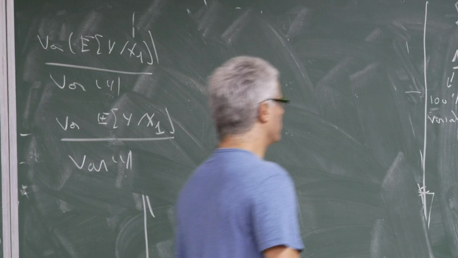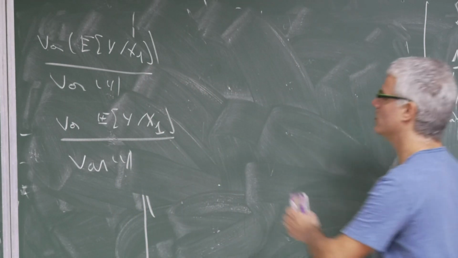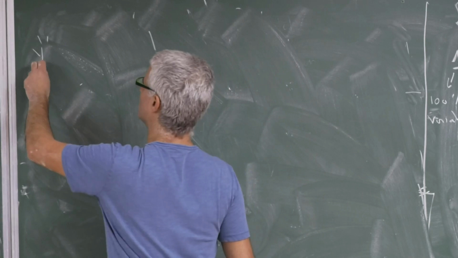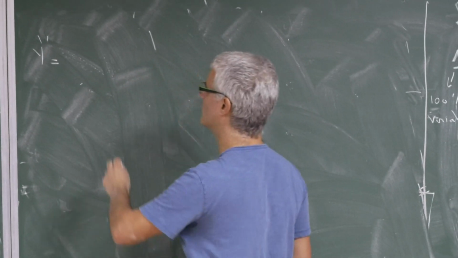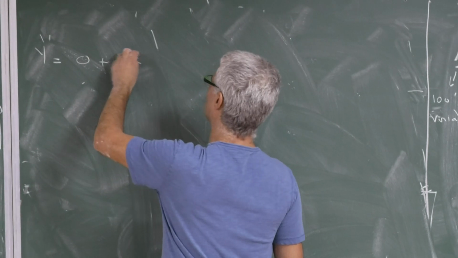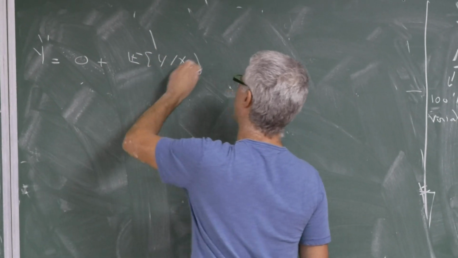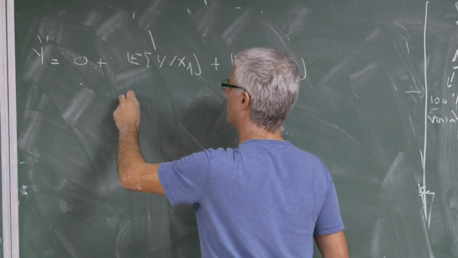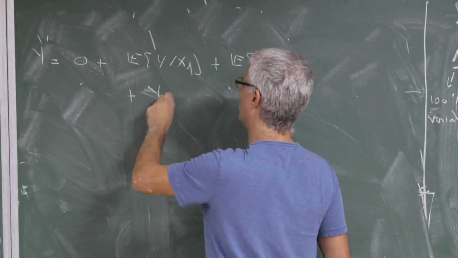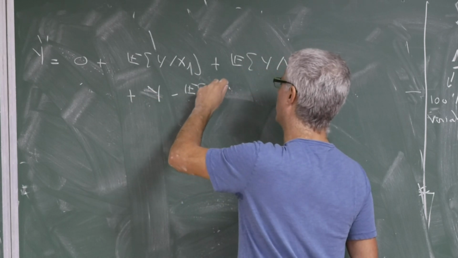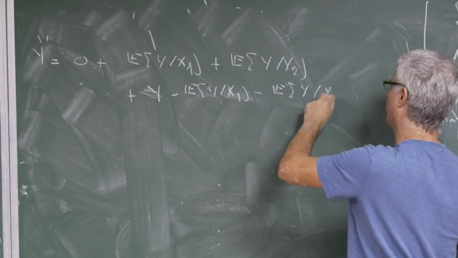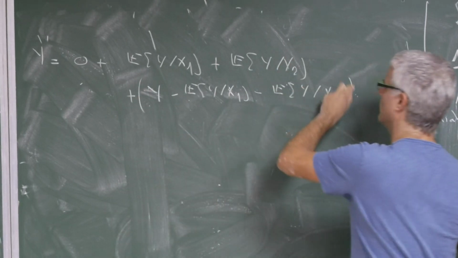Or maybe I can first write the Hoeffding decomposition. Then we do this computation. So the Hoeffding decomposition here is just E of y, which equals 0.